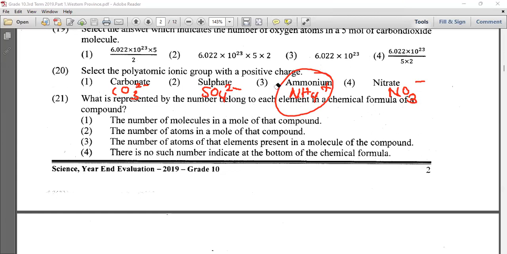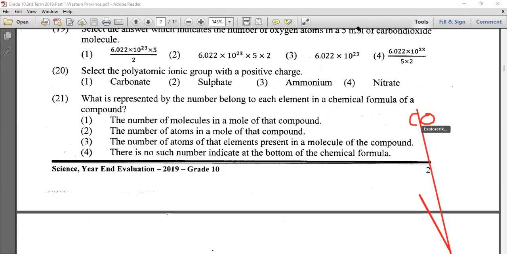21st. What is represented by the number below each element in a chemical formula? All right, okay, I'll do that. So if I mention the chemical formula carbon dioxide, what does this number below oxygen tell you?